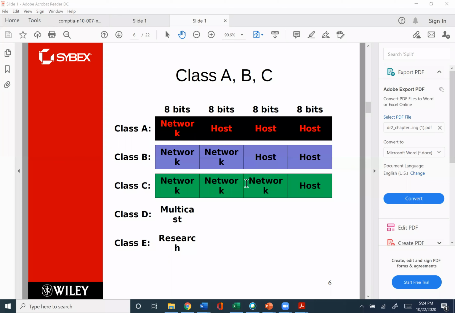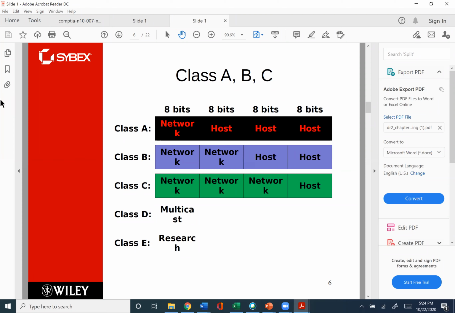Technically speaking, normally you don't use A. C, correct. You'll have a C, because you don't need 2 to the power 16 hosts. You only need 2 to the power 8 hosts. You don't have more than 255 people in your house connecting to your internet. So yeah, C it is.